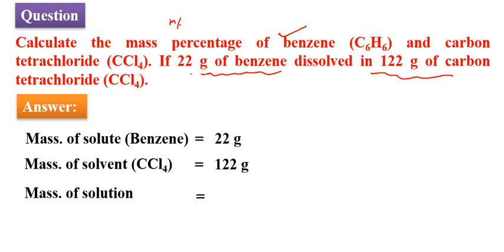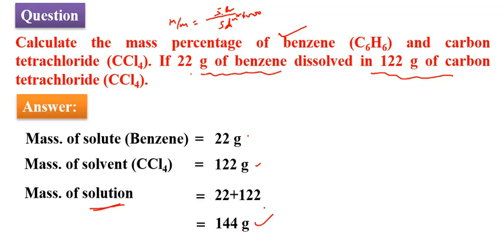Mass by mass percentage equals solute by solvent into 100. Sorry, solute by solution into 100, right? Now, what is the solution? Solution equals solute plus solvent, right? Then it will be 144.